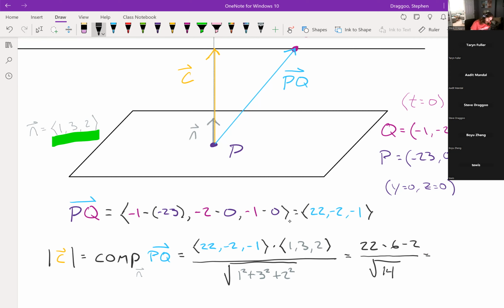So this looks like 14 divided by the square root of 14. And if we rationalize that or simplify it, we get just the square root of 14. So that's got to be the distance between our point and our line.